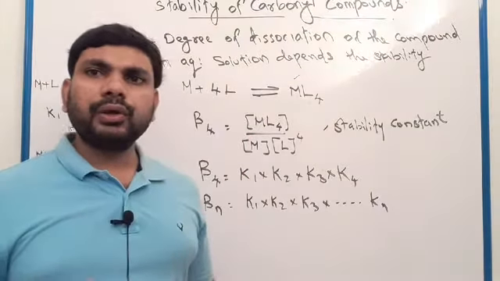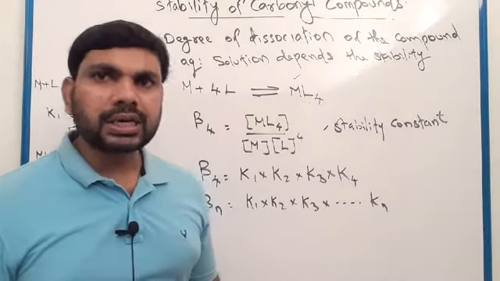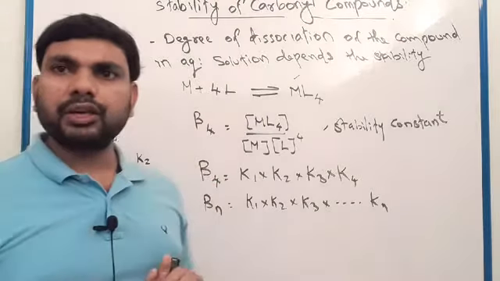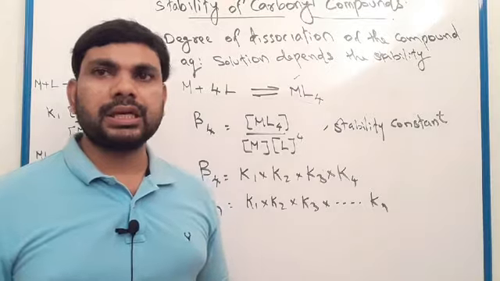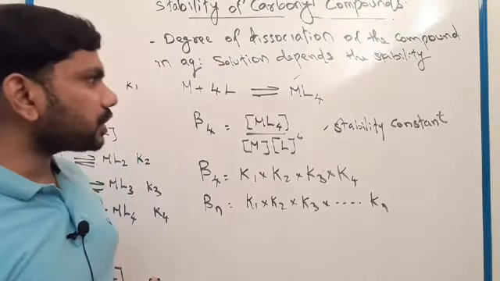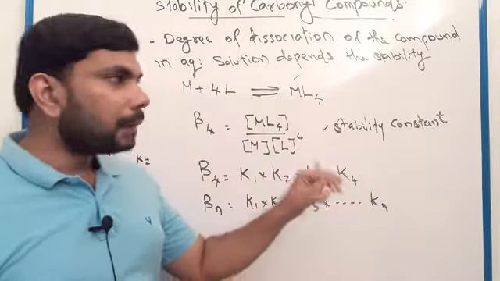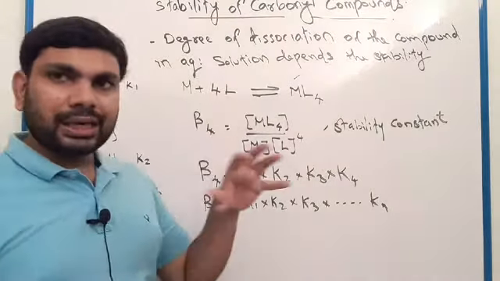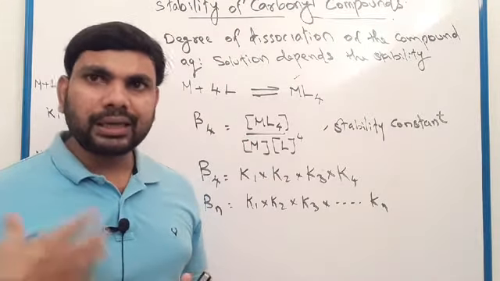Okay, so we know in equilibrium we can write an equilibrium constant, and we will refer to this equilibrium constant as the stability constant. Here a coordination compound is formed by the addition of a central metal atom and 4 ligands. In aqueous solution it will ionize and form an equilibrium.